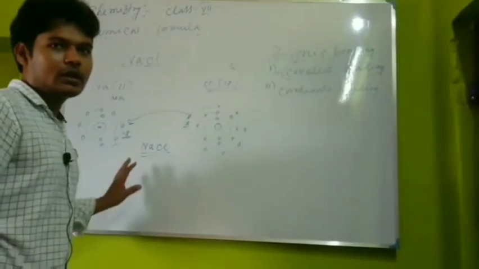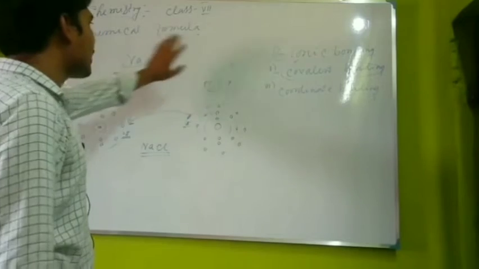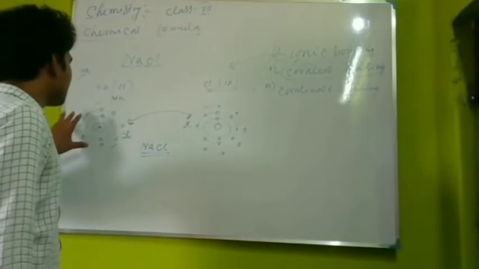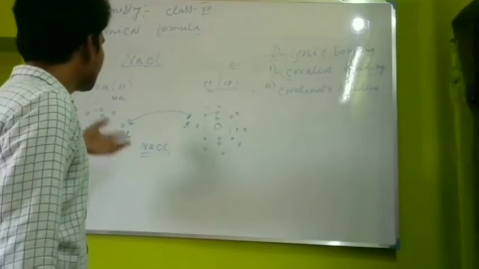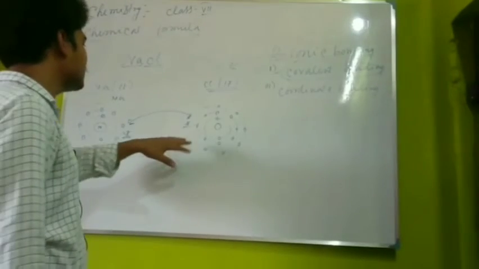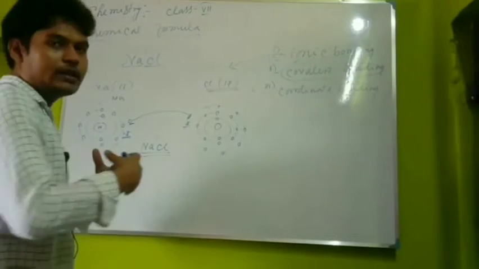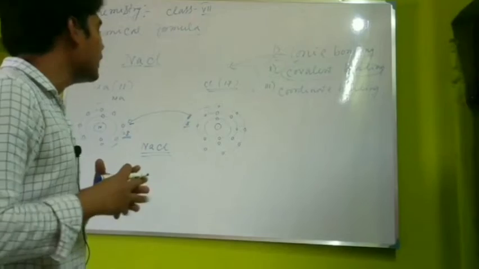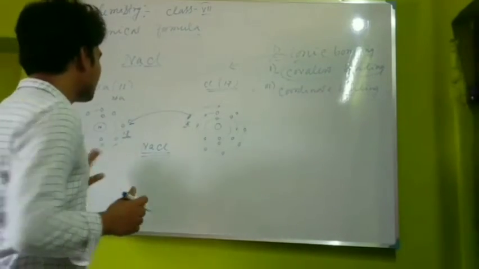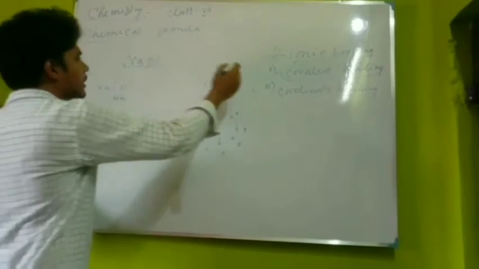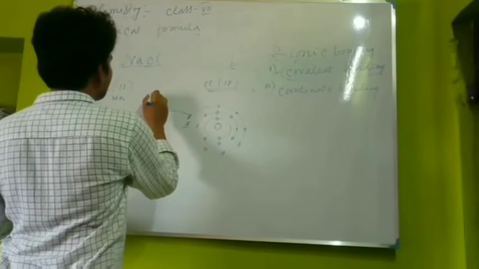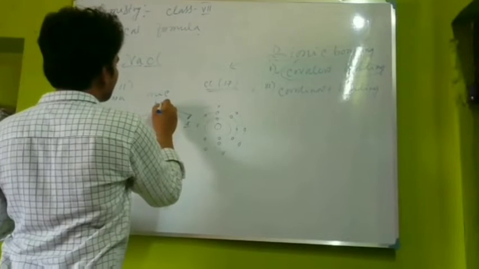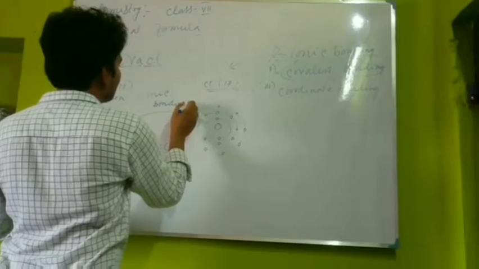So you understood in ionic bonding, one atom gives or loses electrons and another atom takes these electrons. So the bonding between these two atoms is called ionic bonding.